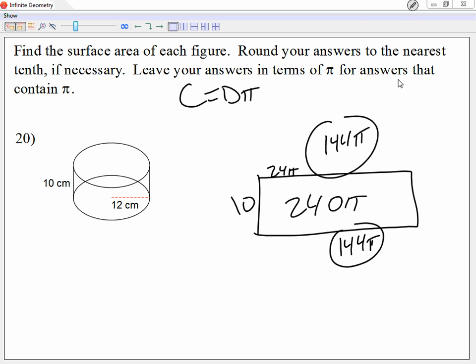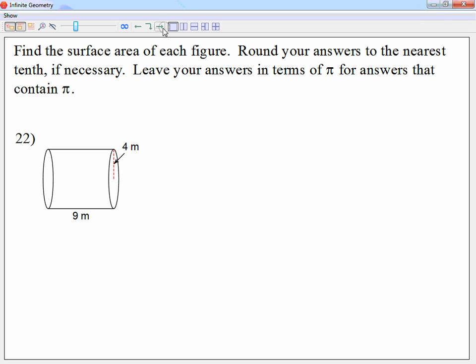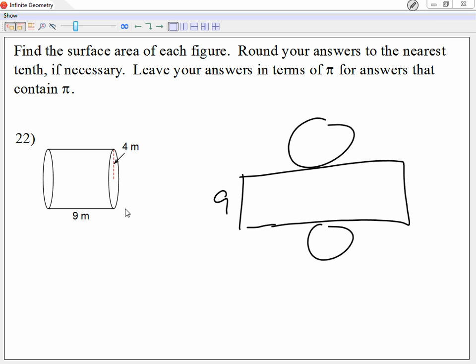23? Well, 22? All right, looking at number 22, I know it's going to be a big rectangle and 2 circles. I know for the big rectangle, this small side is 9. That is a number that has nothing to do with the bases. Since the radius is 4, I know the diameter is 8, so the long side will be 8 pi.